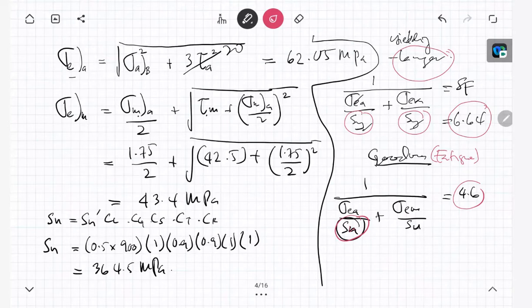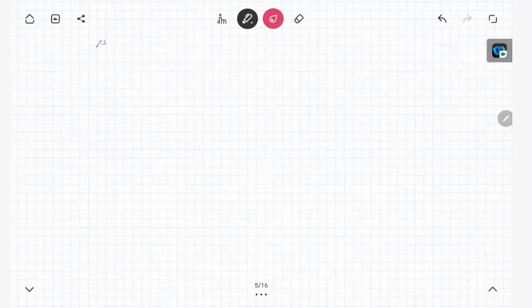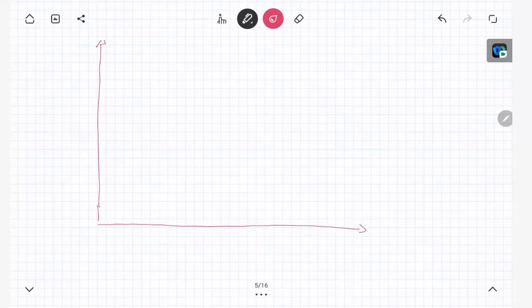Okay. So andai kata kalau kita draw the graph. So this is sigma mean. This is sigma alternating. So kita ada SUT. So we have just below is yield strength.